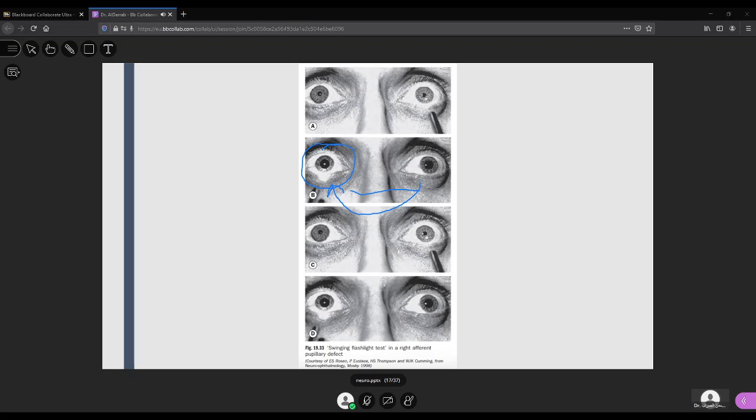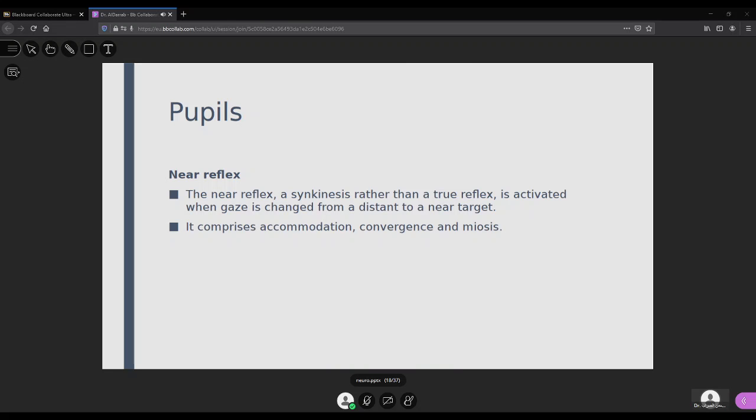So if the nerve was fine here, when you reach the right eye, it should constrict again, because while you are shifting from the left to the right, the pupil had a little dilation. It should constrict back again when you shine the light. However, the receiver is bad, the optic nerve is not fine. So that's why it will continue to dilate. So this is the first light reflex.